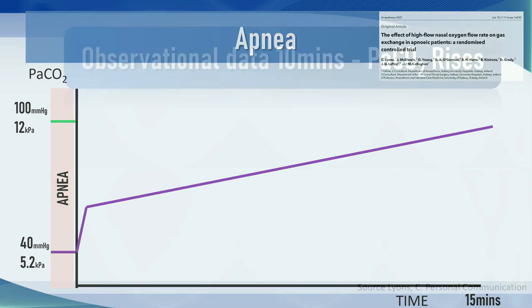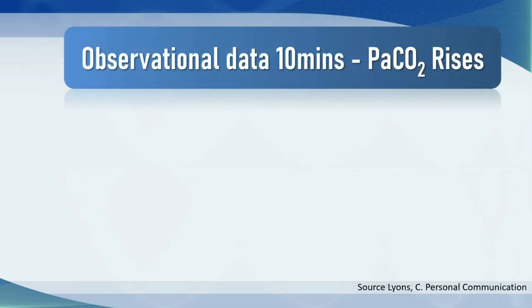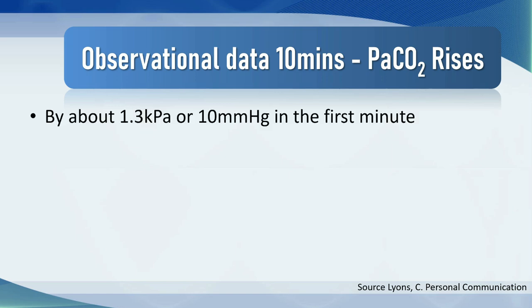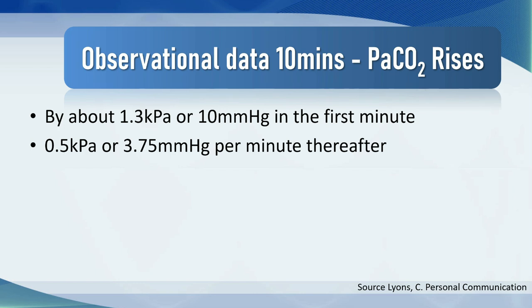So the data that we have from research subjects gives us an idea of what happens if we turn the ventilator off and leave the patient apneic for 10 minutes, but continue to oxygenate them, for example, with high-flow nasal oxygen therapy. What happens is that the CO2 rises by 10 millimeters of mercury or 1.3 kilopascals in the first minute, and then by 3.75 millimeters of mercury or 0.5 kilopascals every minute thereafter.